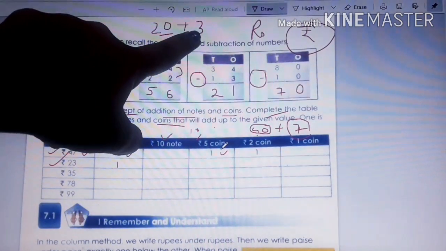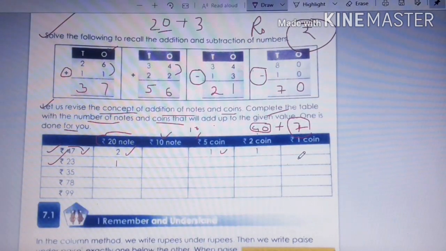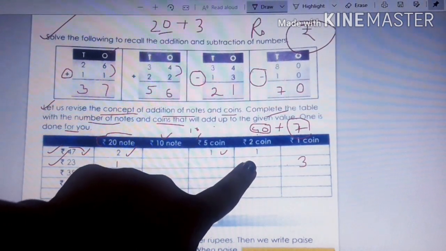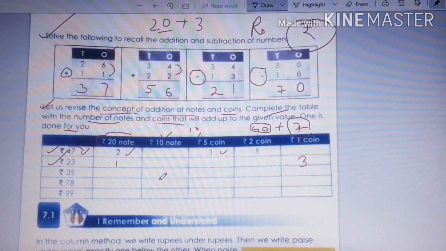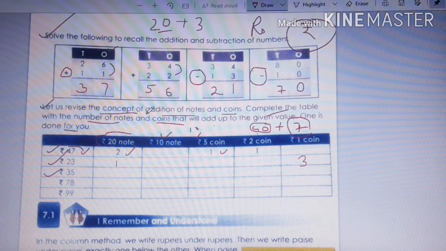Now we need 3 rupees. How can we make 3 rupees? Either you can take 3 coins of 1 rupee, or you can take 1 coin of 2 rupees and 1 coin of 1 rupee. It is up to you, children, how to arrange 23 rupees. So here you get 20 plus 3, 23. Isn't it very easy?